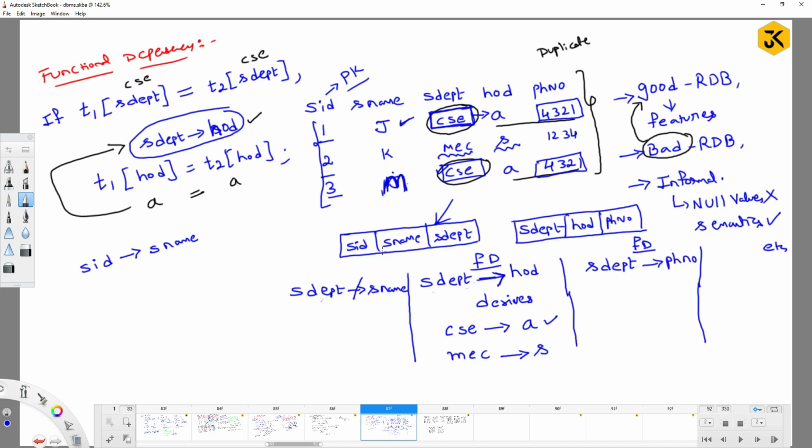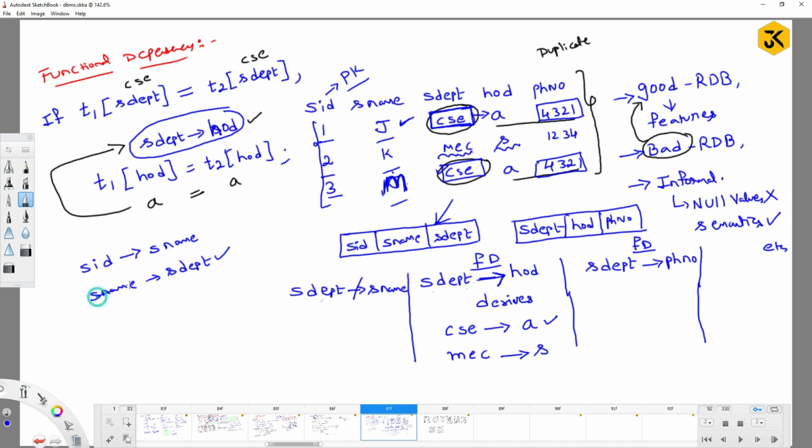Right, fine. So with this example, can I say S name determines S department in this particular scenario? Yes. Why? All are unique names, right? So this is also valid.